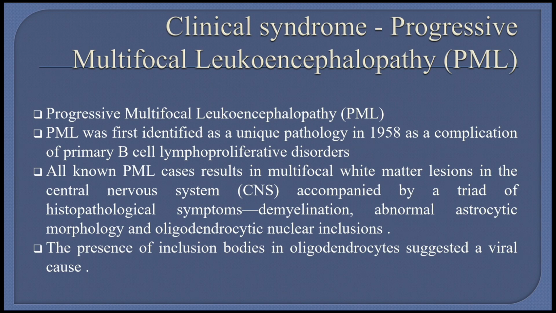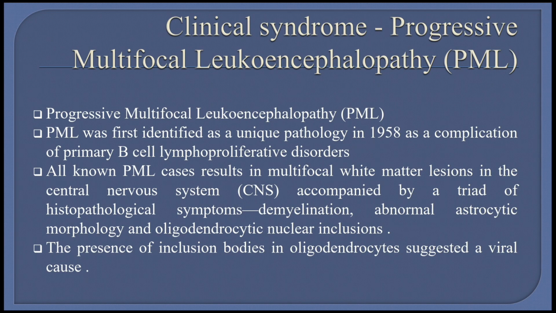Clinical syndrome. Progressive multifocal leukoencephalopathy, PML, was first identified as a unique pathology in 1958 as a complication of primary B-cell lymphoproliferative disorders.